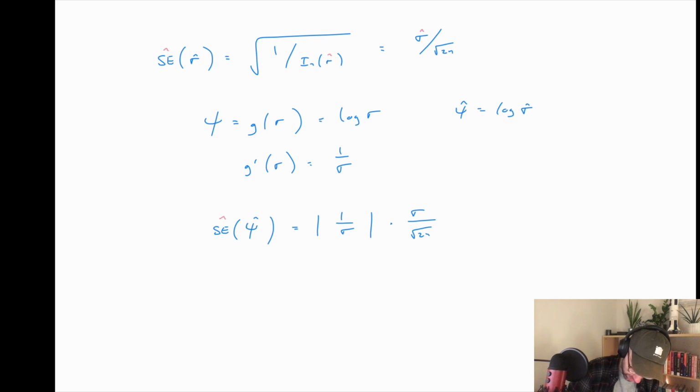We want an estimate of that, so we plug in estimates there. And then what do we get? We get the MLE plus or minus 2 times this standard error that we just calculated, which is 1 over the square root of 2n.